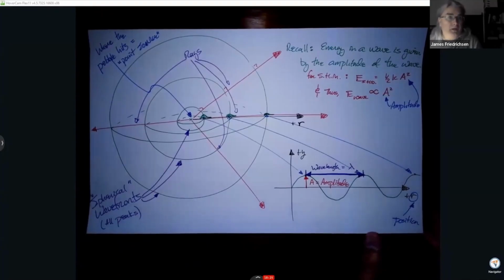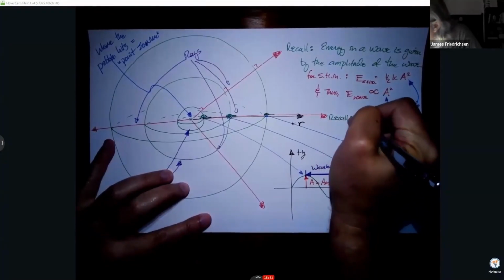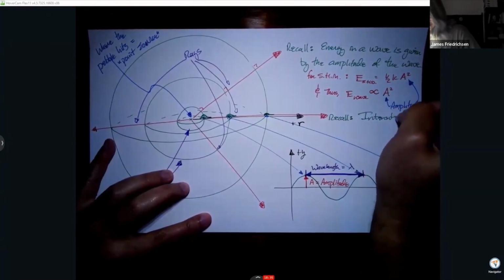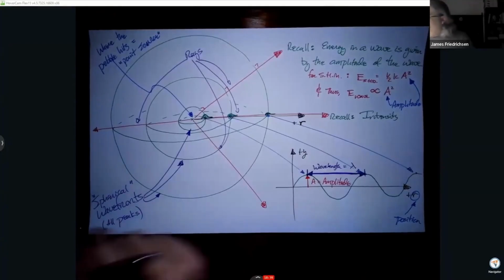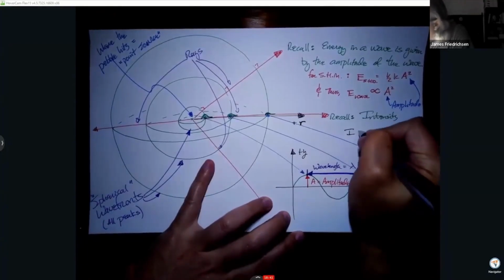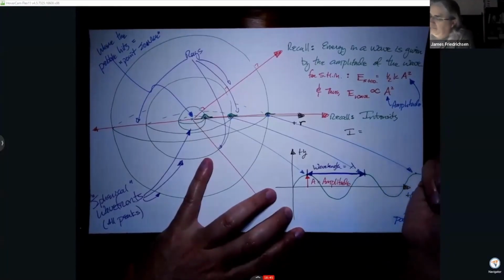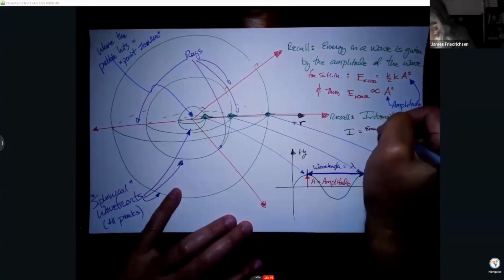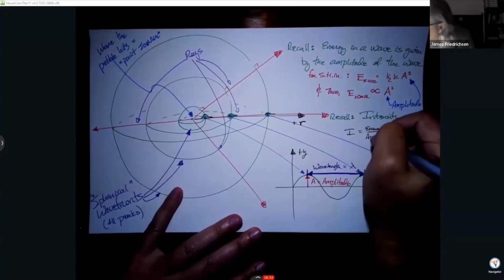And so this is why back in chapter 12, they talk about the intensity. Okay. And so then we have that our intensity, they use a capital I for that, is going to be the energy being transported by the wave divided by the area.